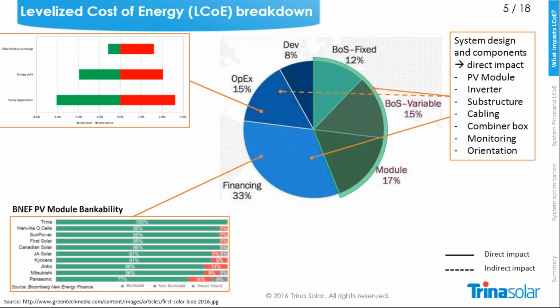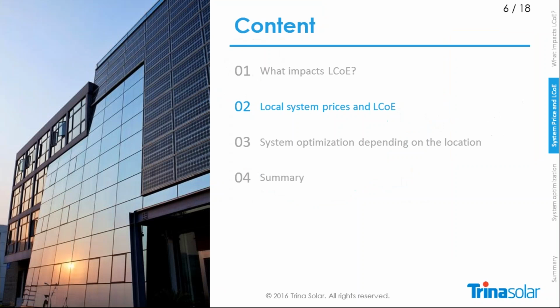For sure, with good quality components you can reduce it further. Or if you find after several years that the component quality is not at the level you expected, then the LCOE can also go up in the negative direction, which reduces your profit.